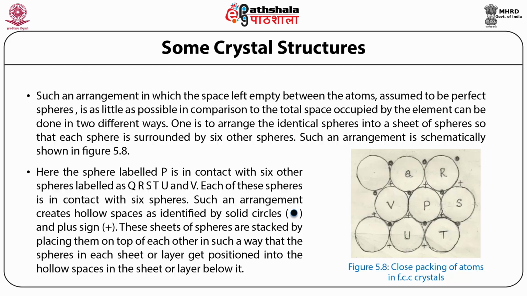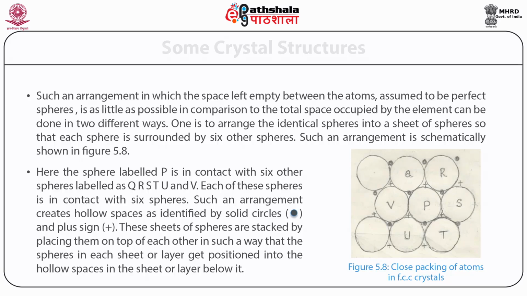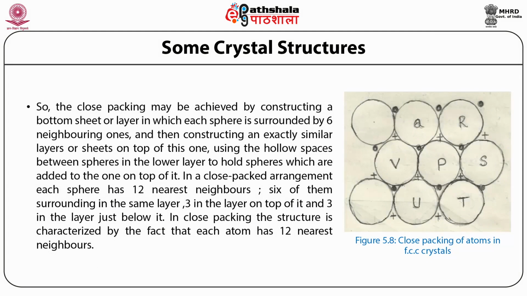These sheets of spheres are stacked by placing them on top of each other in such a way that the spheres in each sheet or layer get positioned into the hollow spaces in the sheet or layer below it. So the close packing may be achieved by constructing a bottom sheet or layer in which each sphere is surrounded by 6 neighboring ones, and then constructing exactly similar layers or sheets on top of this one, using the hollow spaces between spheres in the lower layer to hold spheres which are added to the one on top of it.